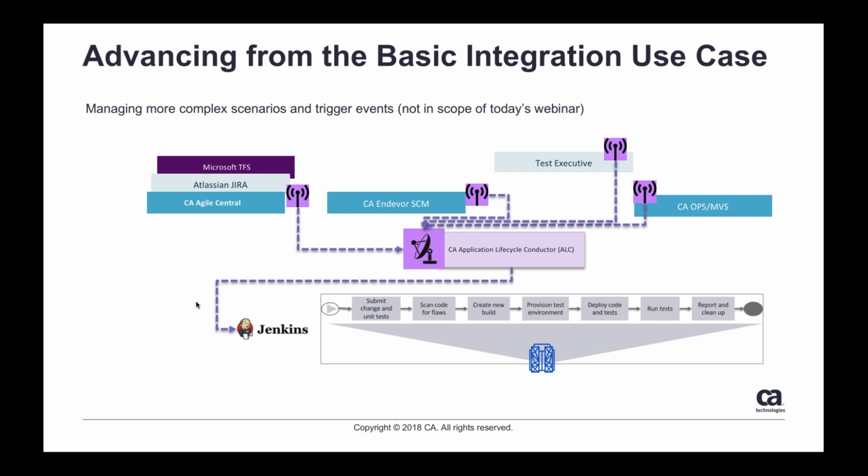Now, that's a little bit more complex scenario that requires a tool with the capability to capture these events and basically forward the action to Jenkins. But that's out of scope for today's demonstration.